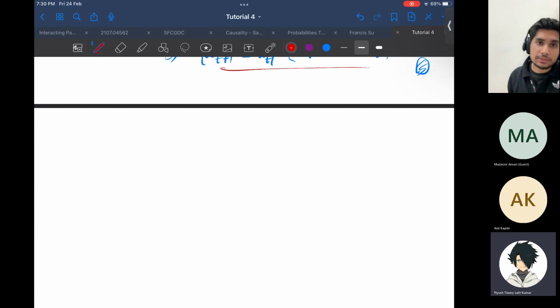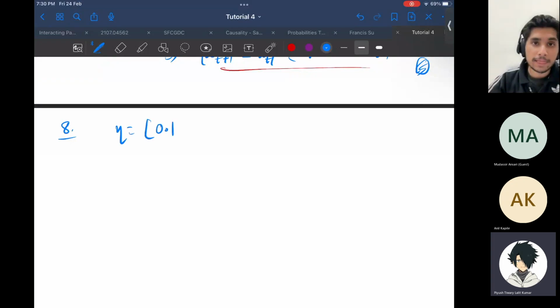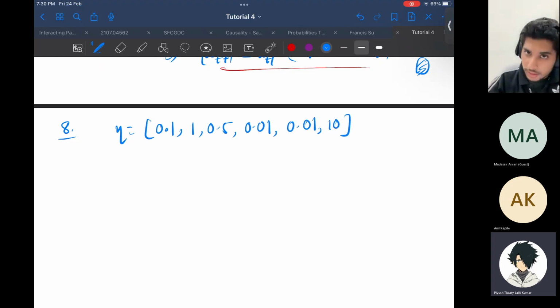So there is an eighth question which says that we are using line search with the following eta. The eta range given for line search is as follows: 0.1, 1, 0.5, 0.01, 0.001, and 10. At the nth iteration, eta was selected to be 10.